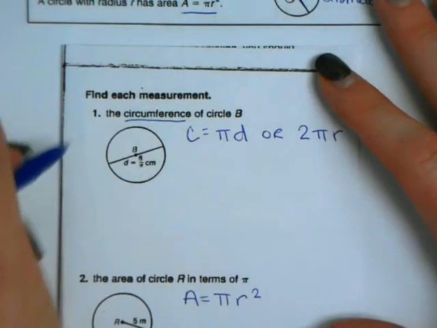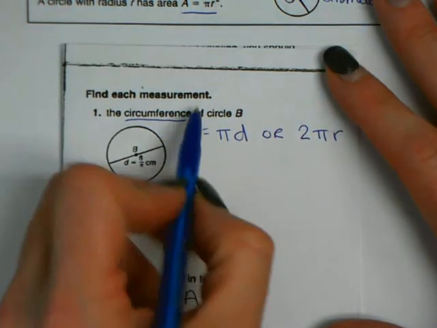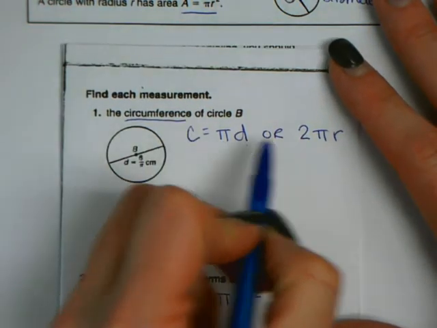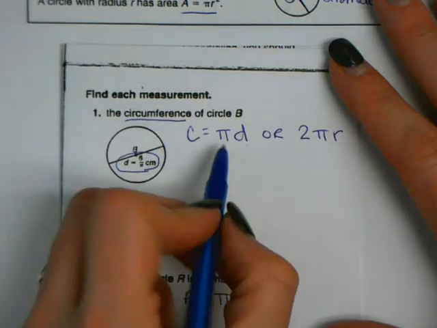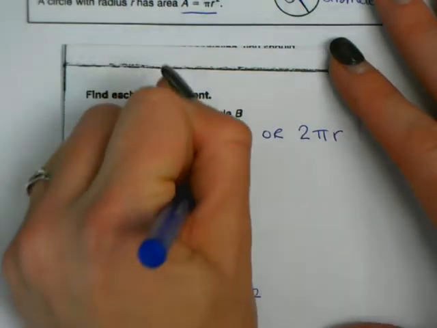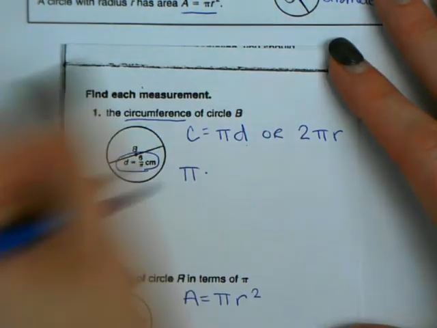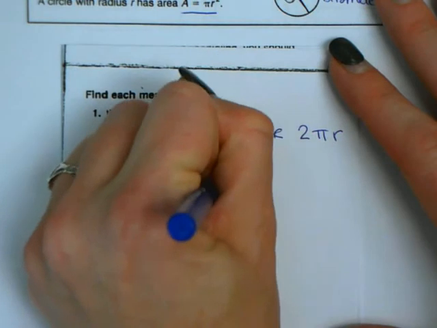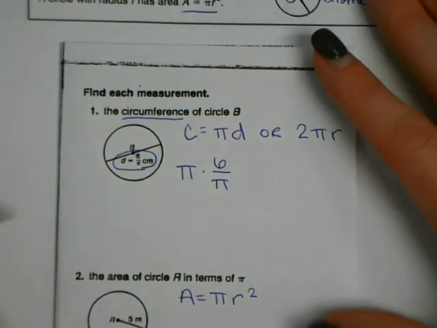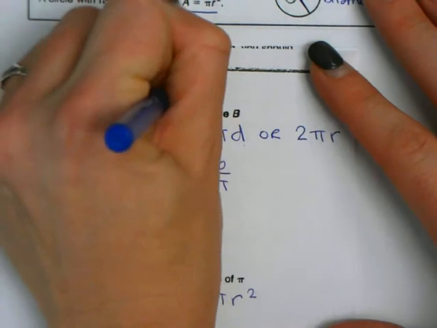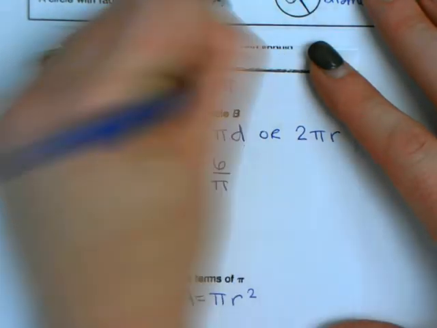The first one says find the circumference of the given circle. Circumference is pi d, or 2 pi r, and they gave me the diameter, so I'm just going to use pi d. Pi is pi, and the diameter was 6 over pi. Now remember, everything we do is going to be a little bit of a twist, so we are going to leave things in terms of pi.